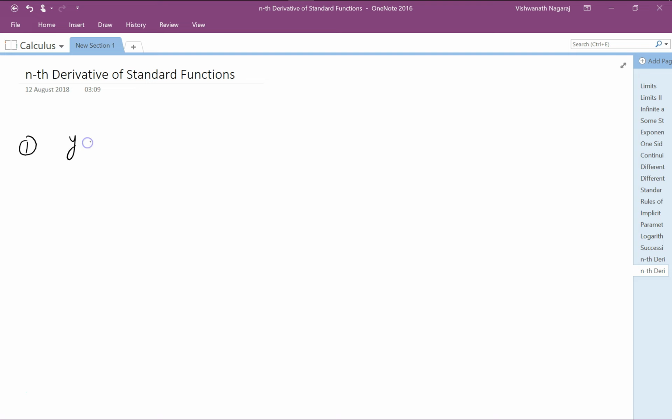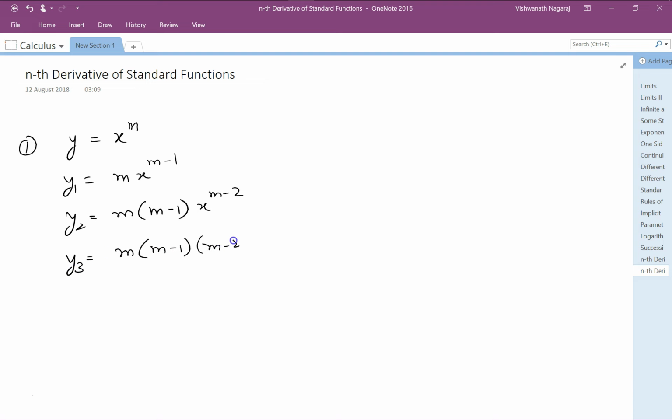Let's start with y is equal to x to the power of m. Now y1 is equal to m x^(m-1), y2 is equal to m(m-1) x^(m-2), y3 is equal to m(m-1)(m-2) x^(m-3). Now the pattern itself becomes very clear.